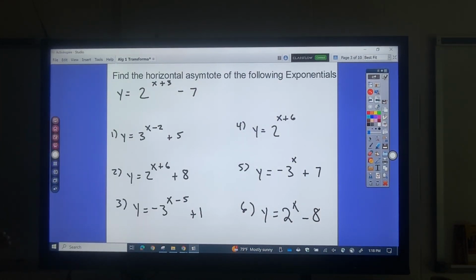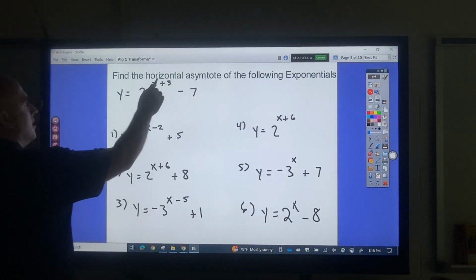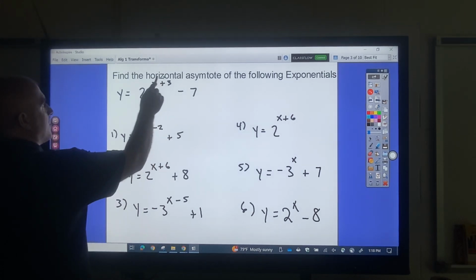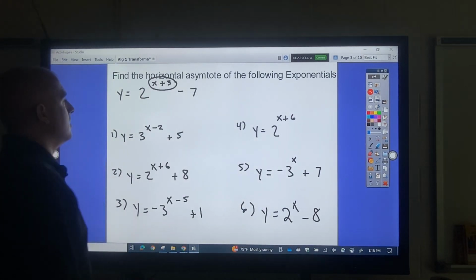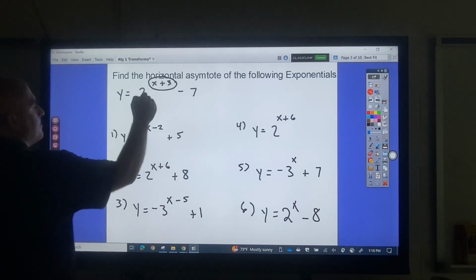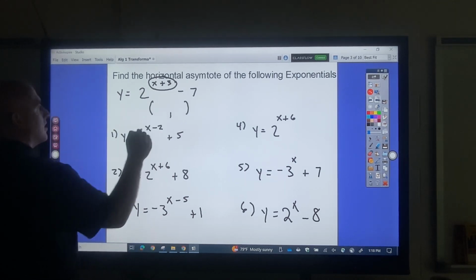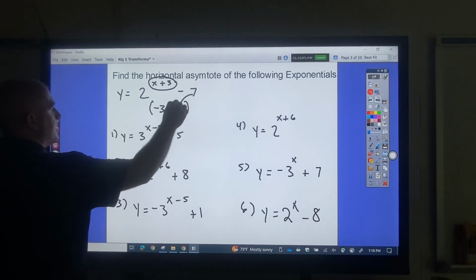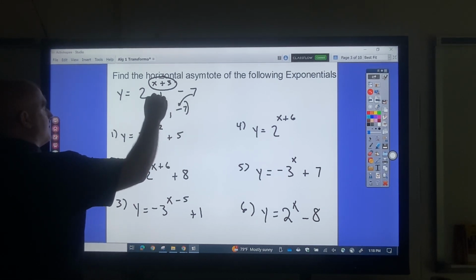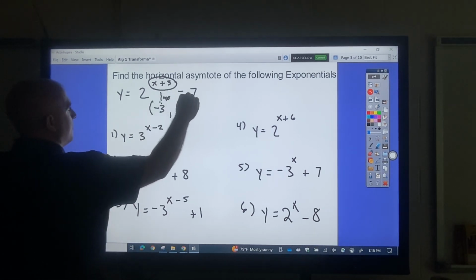Now, how do you do that when you look at the equation? Very similar to finding the vertex. The concept is, this is the opposite of -3, and this follows at -7. So this is just like the other one: opposite, follow.